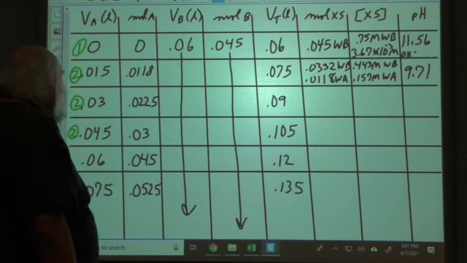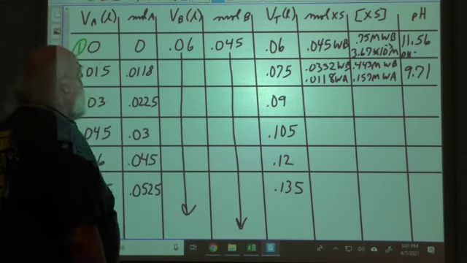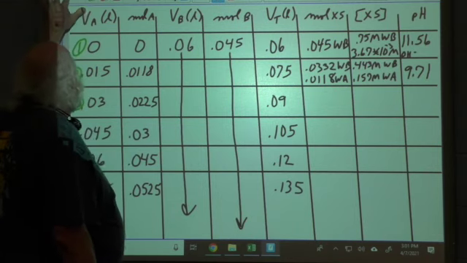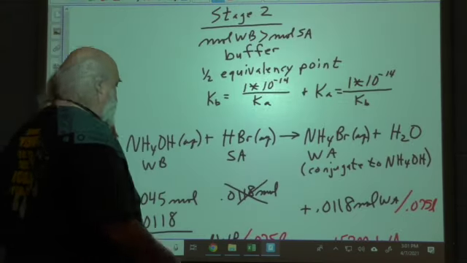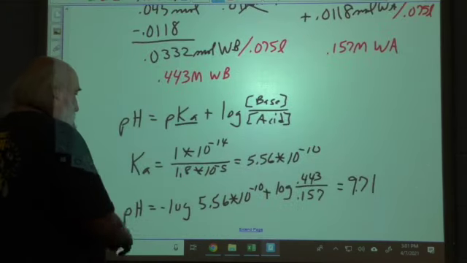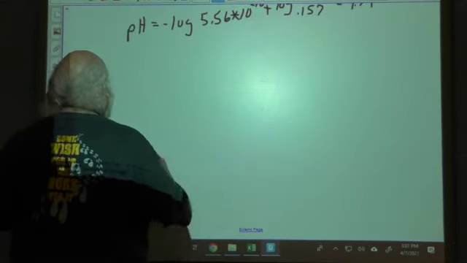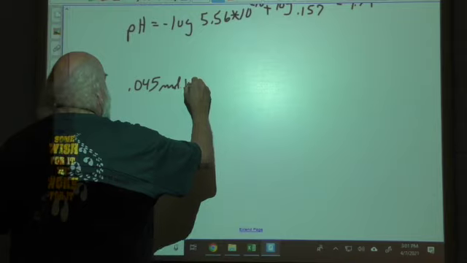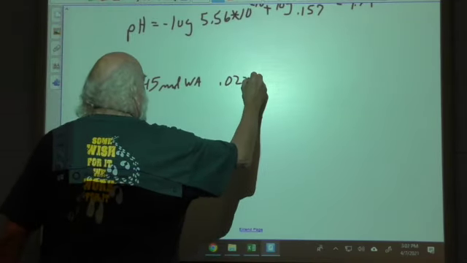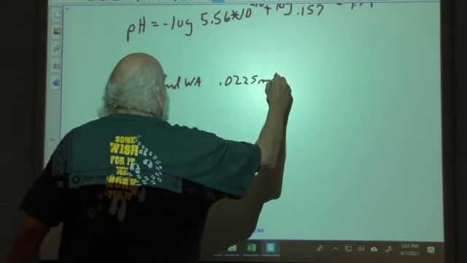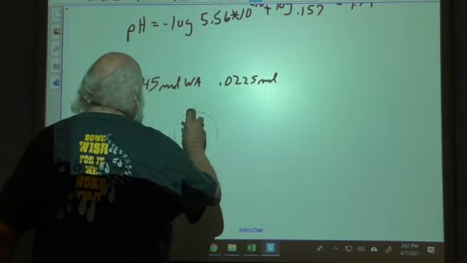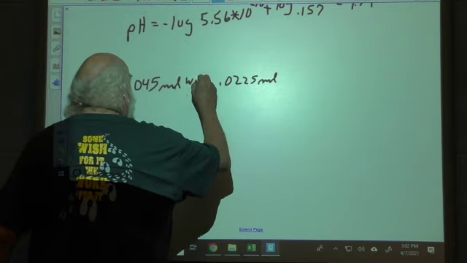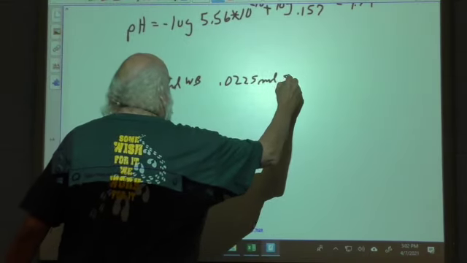Okay, so now we come over here to the 0.0225 for the acid for the next scenario, and this is where we get our half equivalency. We got 0.045 moles of the weak acid, 0.0225 moles of the weak base, plus 0.0225 moles of the strong acid.